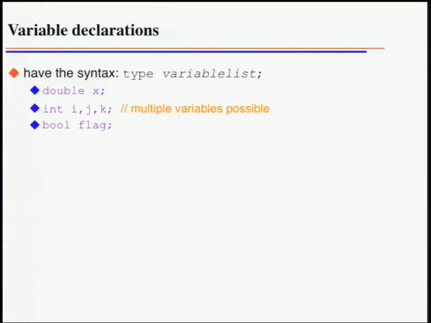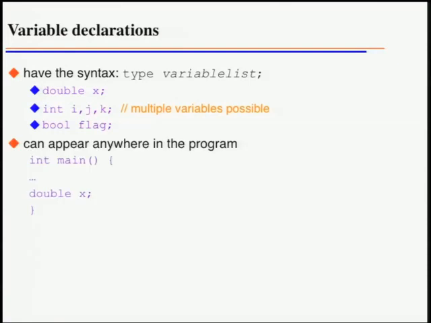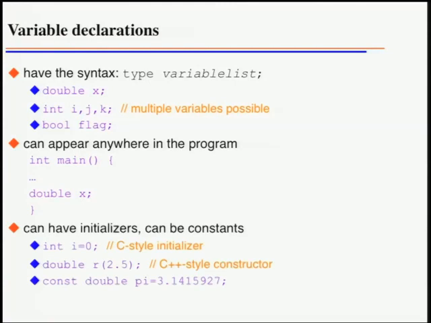So we saw the first example for a variable declaration. In general, the syntax for that is type name variable list. We just saw the double x. We could declare several variables in one statement, separated by a comma. We could declare a Boolean variable named flag. It can appear anywhere in the program. That's a change for C programmers. And you can include some initializer.